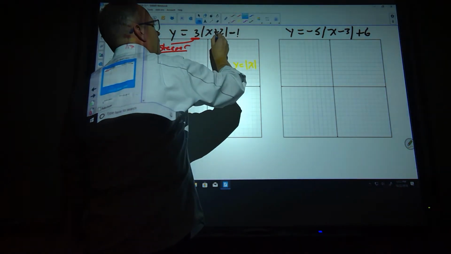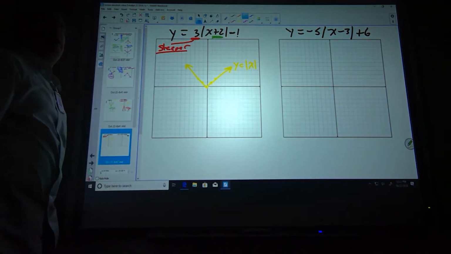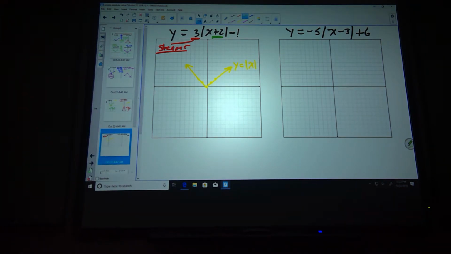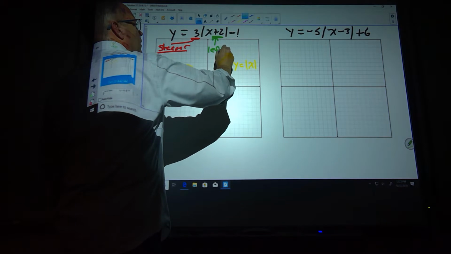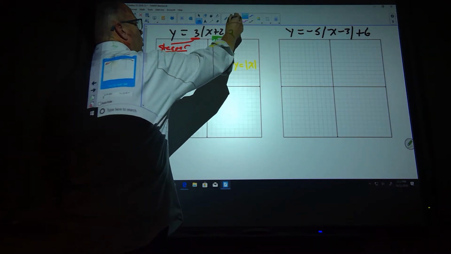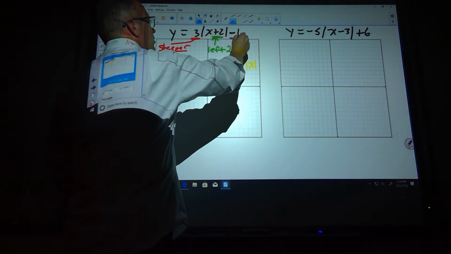What should this added 2 do to our turning point? Shift it left, right, up, down. Flip it upside down. Left. Left 2. Good. And then what should this -1 do?